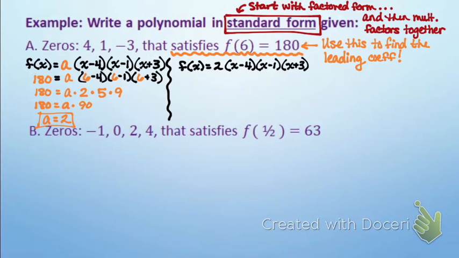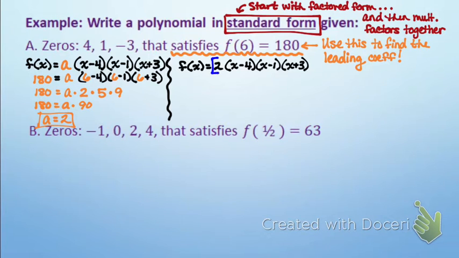How many things can we multiply together at a time? 2. I can multiply 2 things together to get a single product. But I can only multiply 2 things together at a time. How many things are we trying to multiply together here? 4 things. I've got that leading coefficient and then 3 factors. So I'm trying to multiply 4 things together. I'm going to have to break this into pieces.